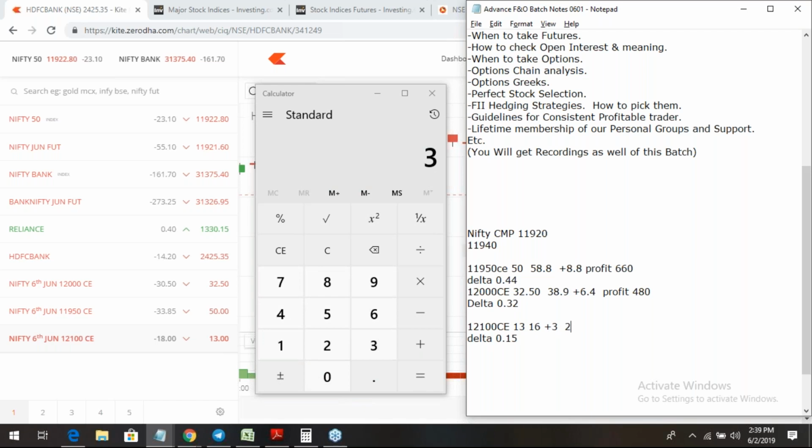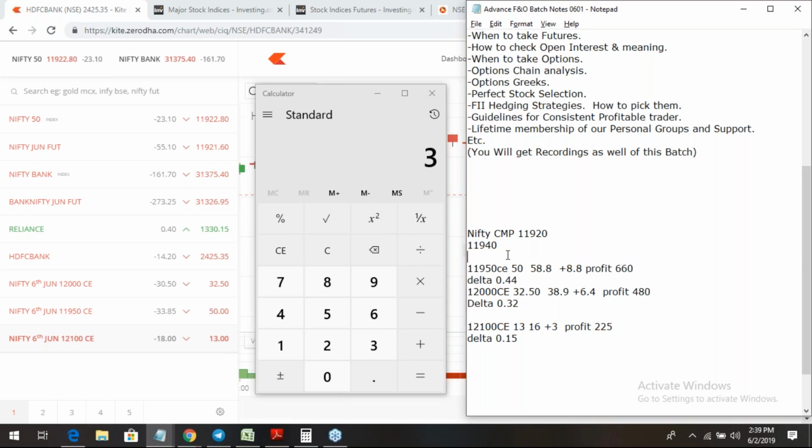How much is your profit? 3 rupees. Have you seen the difference? If Nifty goes 20 points up, where will you get higher profit?